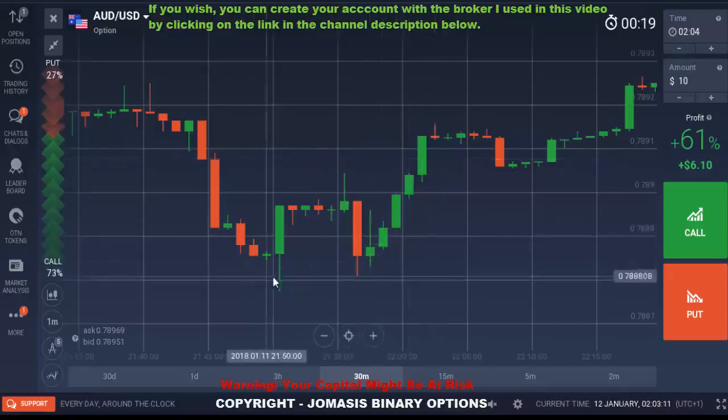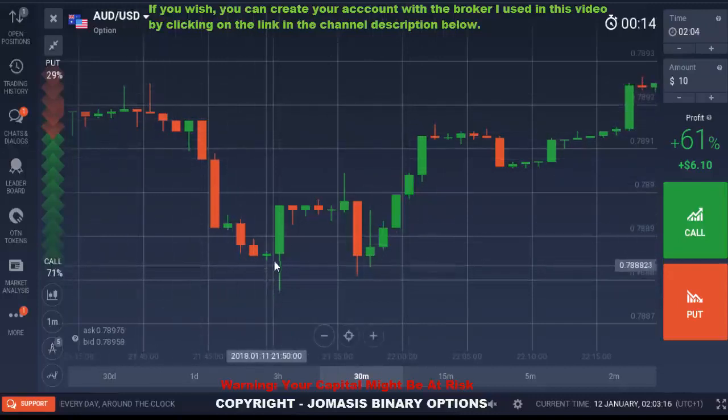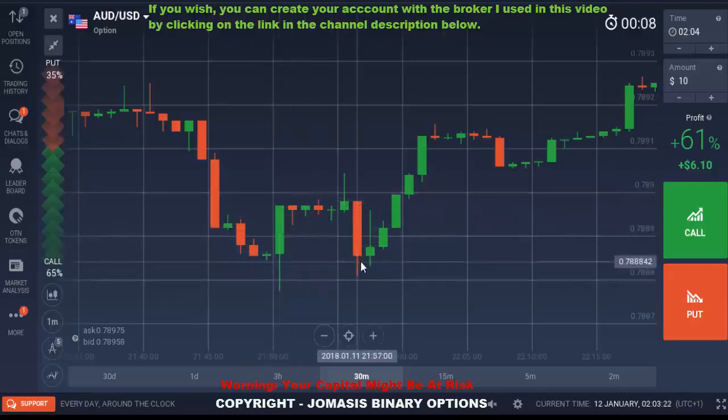So there is a force here which prevented this downtrend from falling further. It goes this way, comes down, and when it got to this level again, it started going up. So here we can call this place our support.